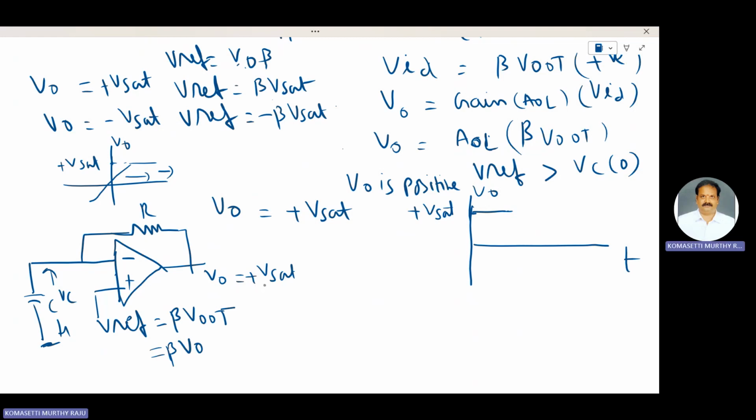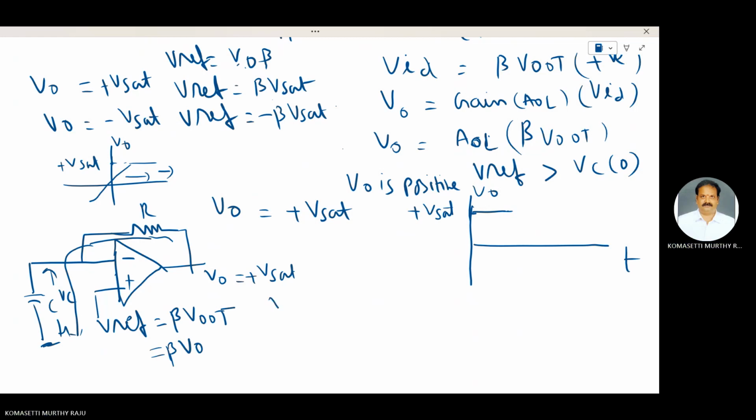Once V naught is plus V set, the capacitor charges continuously towards plus V set.